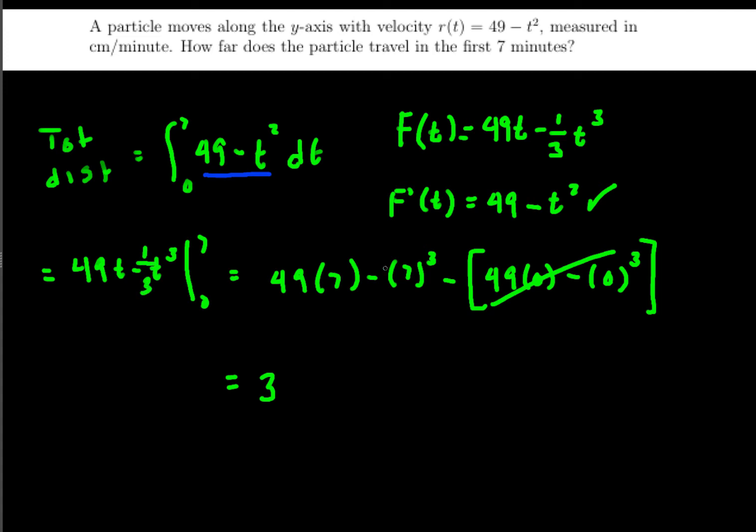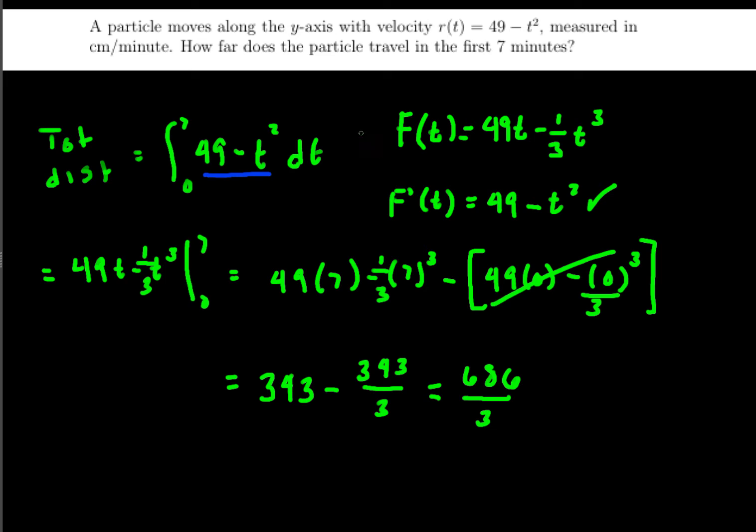There should be a 1/3 here, and this is divided by 3. Of course, it's still 0. Okay, so fixing that, 49 times 7 is 343, and then 7 cubed is also 343, so this is minus 343 over 3, which is equal to 686 over 3.